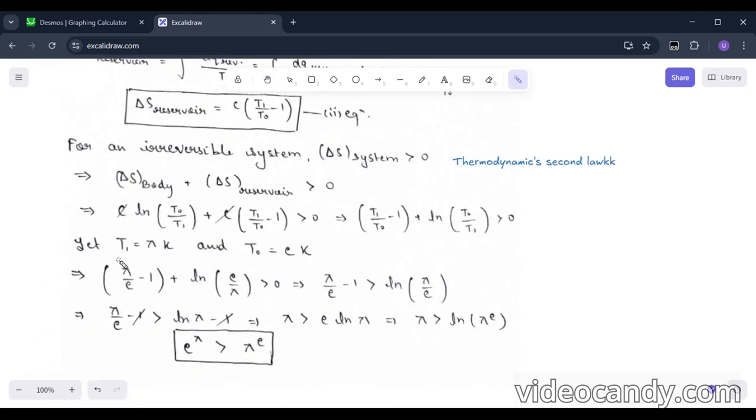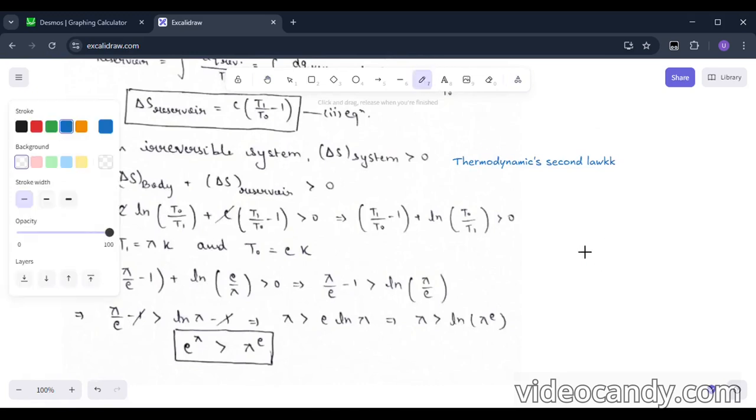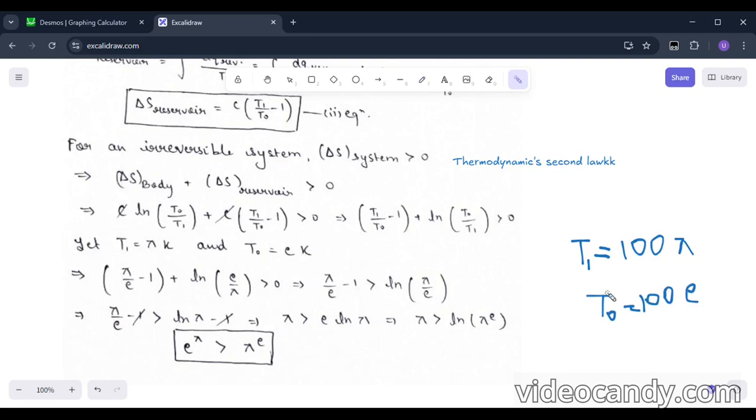Although you can take any values of T1 in terms of pi, like you can take T1 as 100 pi, or T naught as 100 e. It won't affect the calculation because at the end these constants will get cancelled out. So I'm taking T1 to be pi Kelvin and T naught to be e Kelvin.